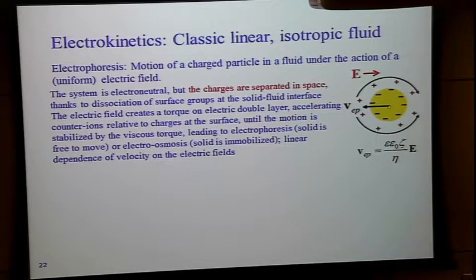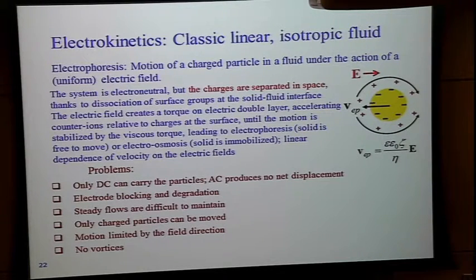And if the particle is free to move, but the tank with the fluid is fixed, then it will be the particle that would move in the applied electric field. And the velocity will be proportional to the electric field. This is the quantity that characterizes the electric double layer around the particle.